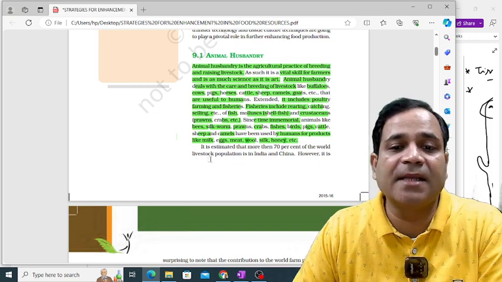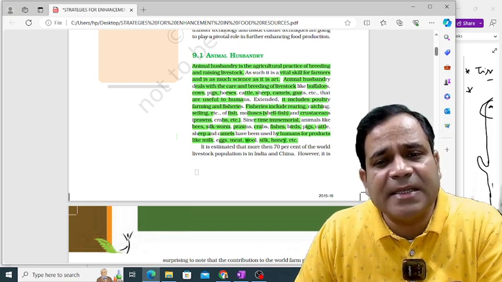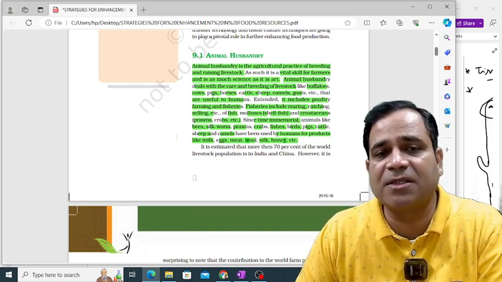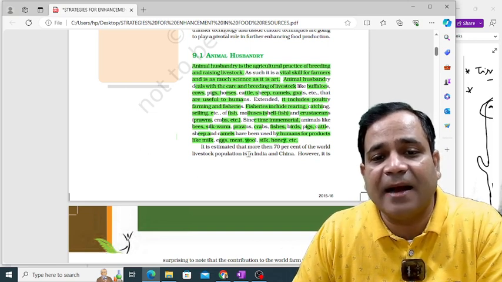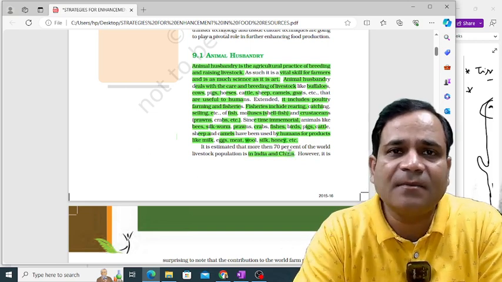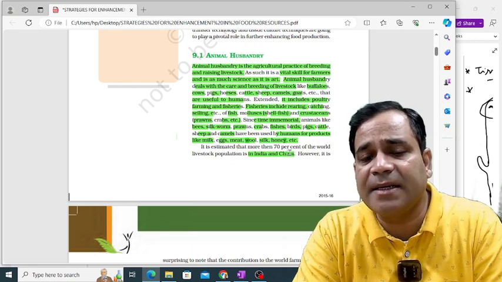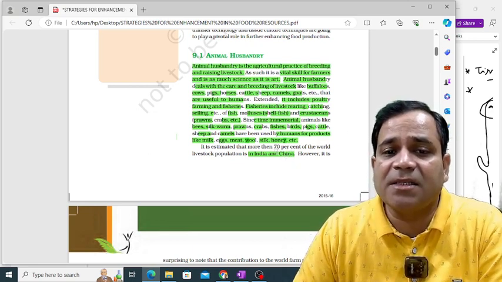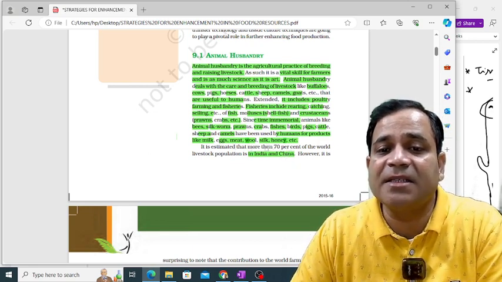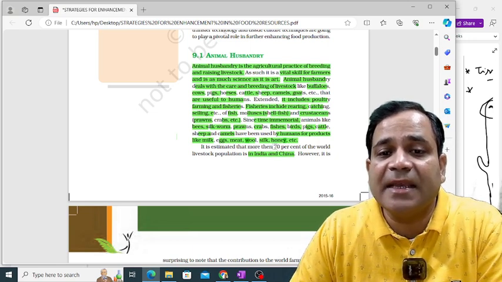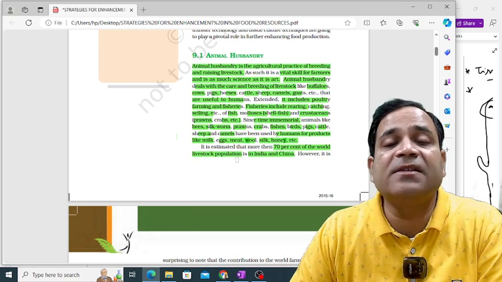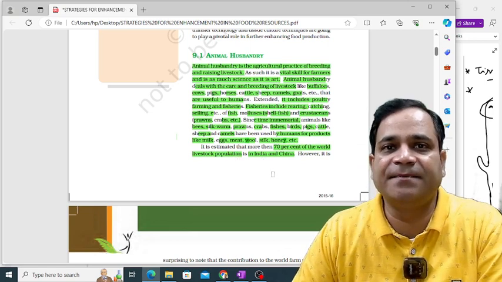And you all know that an estimated more than 70% of the world livestock population is in India and China. This is very important data, my dear. So if anybody asks you the estimated percentage, you say 70% of the world livestock population is in India and China. Hope so.